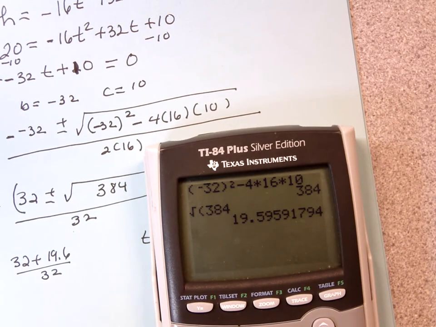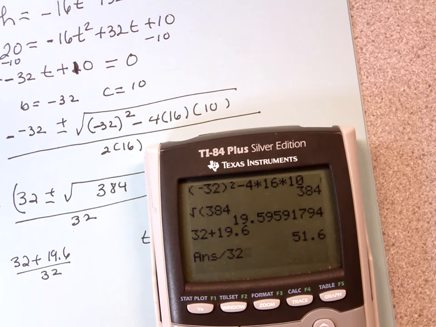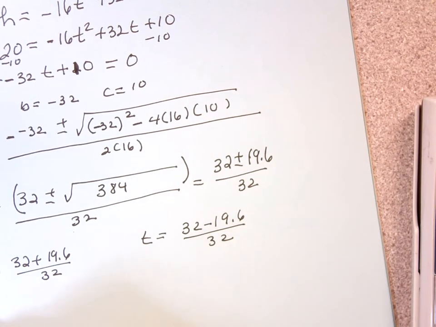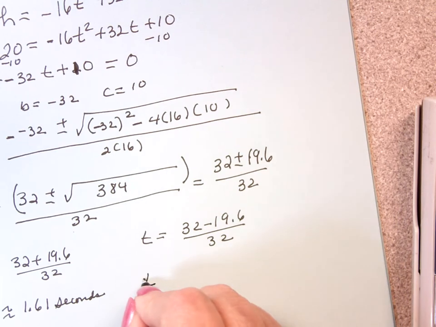So 32 plus 19.6, divide 32 is 1.6. t is approximately 1.61 seconds. You can take it out to as many decimal places as you like. 1.6 would be fine. Pardon me? It says to the nearest hundredth.